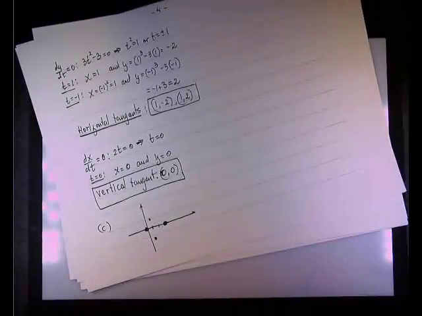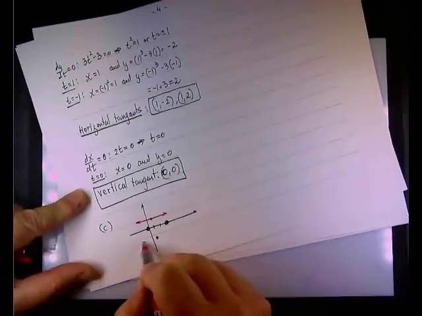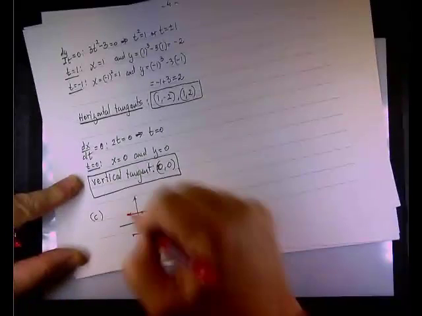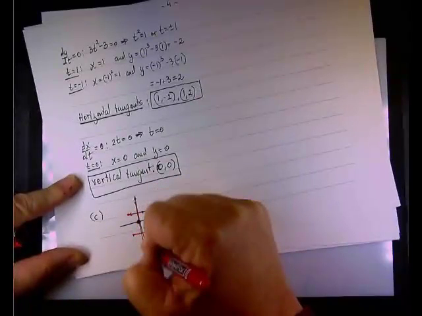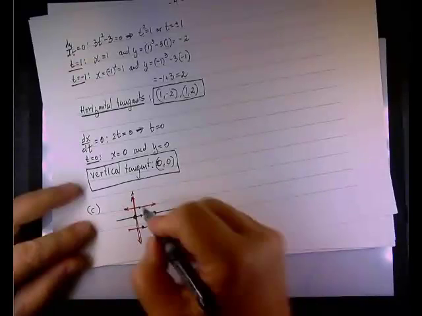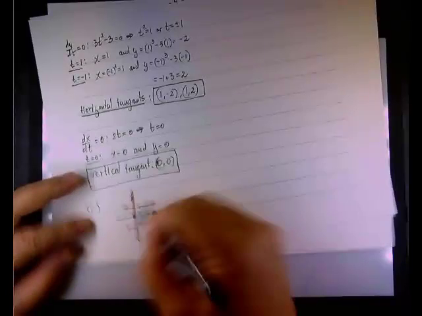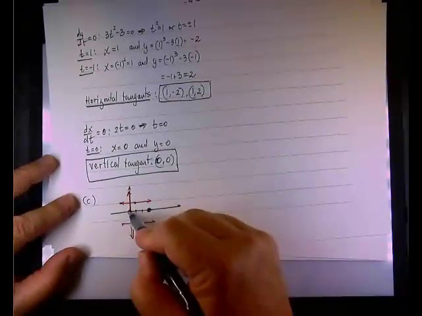That's given to us. We know that we have horizontal tangent at (1, 2) and (1, negative 2), like so. Okay, so we have horizontal tangent right here and right here. We have vertical tangent at (0, 0), like so. And we pass this through that.